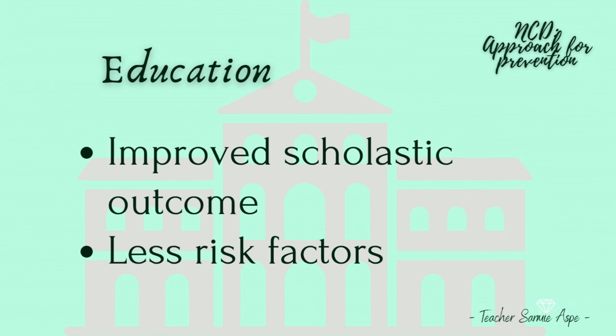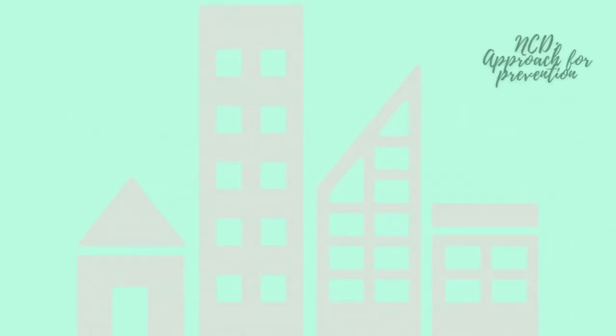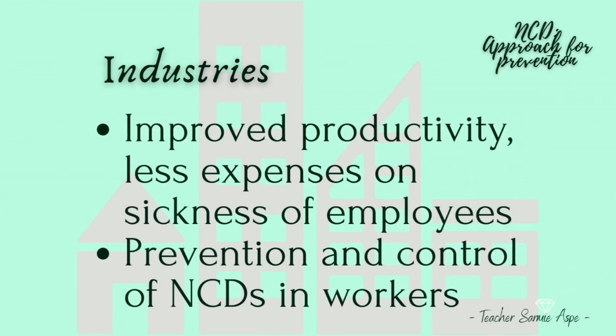Education: improve scholastic outcome and less risk factors. Agriculture: improve production of fruits and vegetables. Improve consumption of fruits and vegetables in population. Industries: it improves productivity, less expenses on sickness of employees, and prevention and control of NCDs in workers.